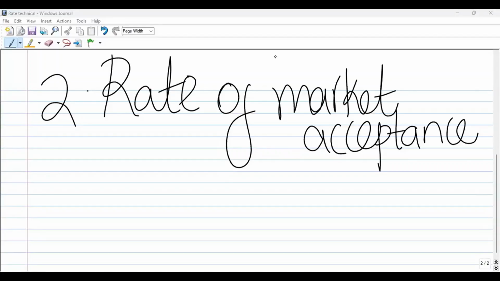So what we are saying is the rate of acceptance contributes to product life cycle changes. How? If people accept new products very fast, it means they can easily abandon the old products. That means old products will have a lesser life cycle.